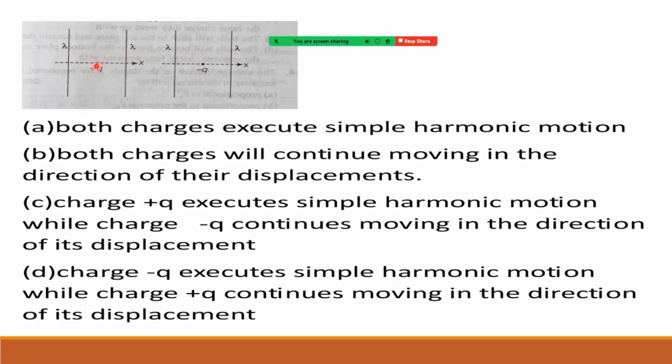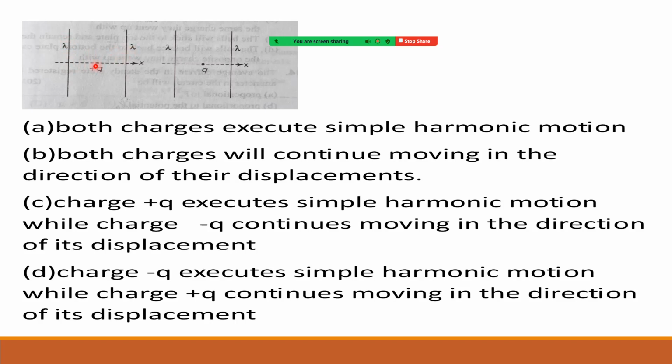At the midpoint, net force equals 0, right? If you displace this one to the left side, then repulsion by the left one dominates. If we are moving the positive charge to the left side, repulsion by the left one dominates the repulsion due to the right one.